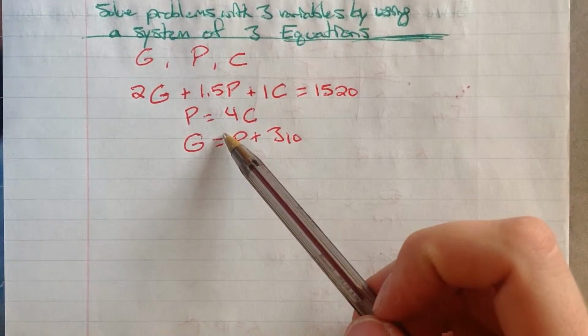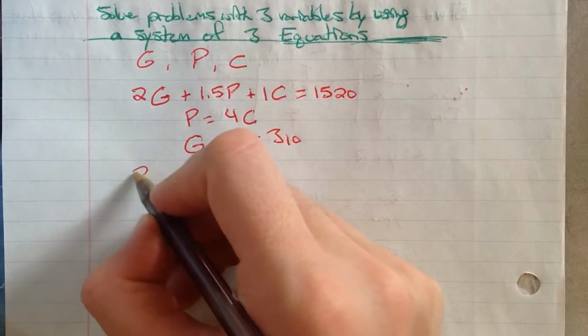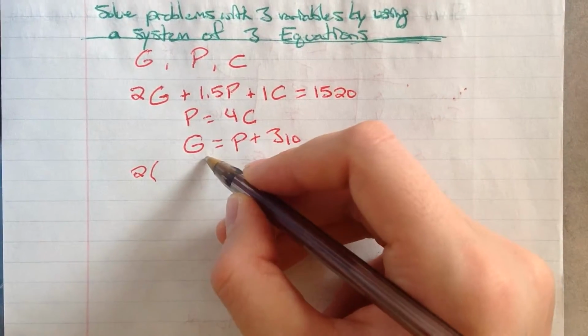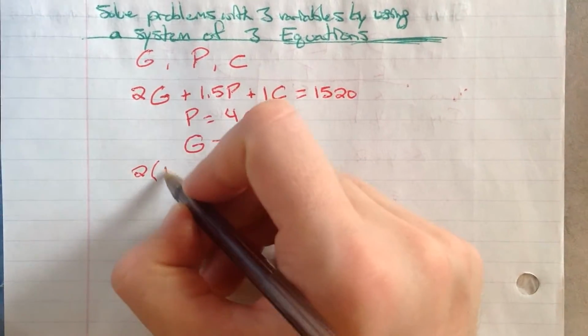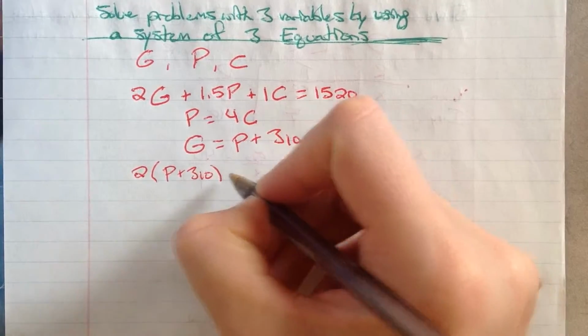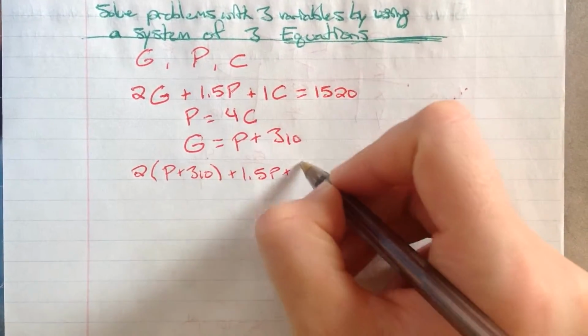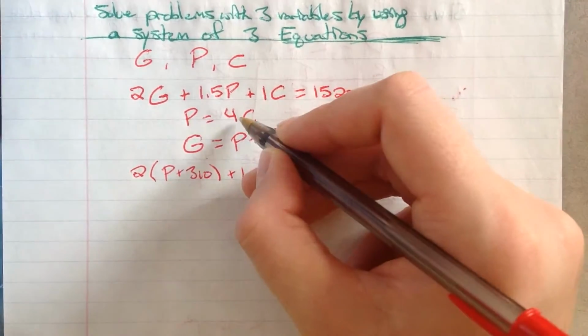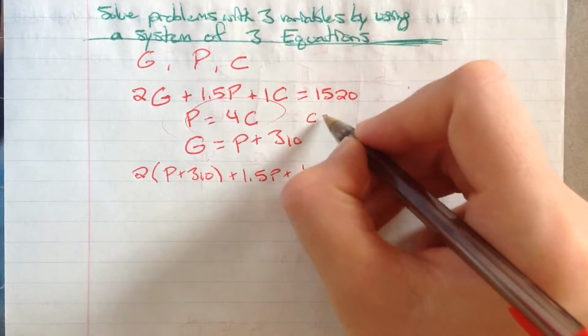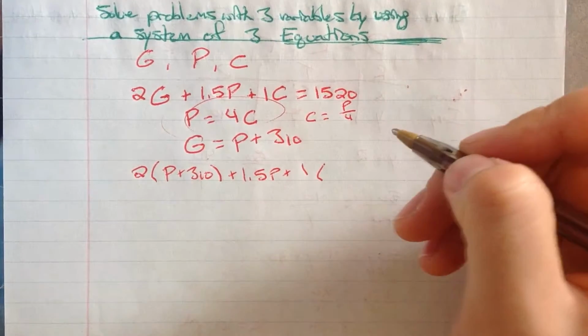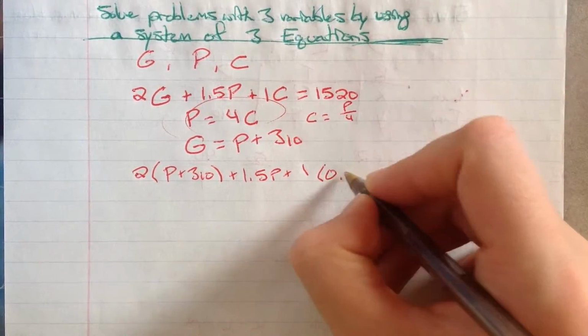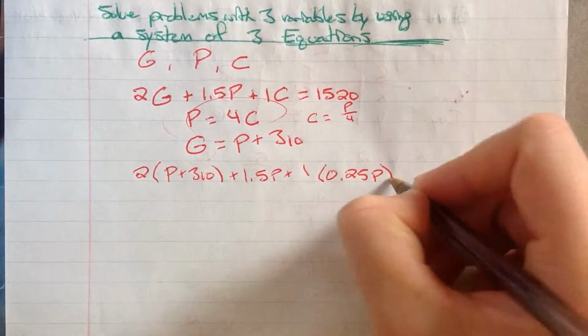So we can get 2 times, well, instead of g, we're going to put p plus 310, plus 1.5p plus 1 times, well, this needs to be solved for c. So c equals p divided by 4, or in other words, 0.25p, if we put it as a decimal.